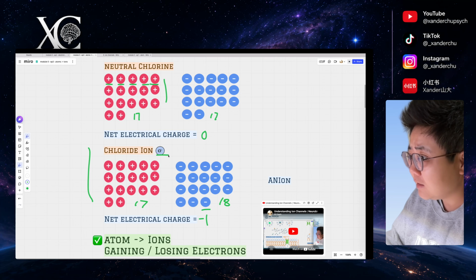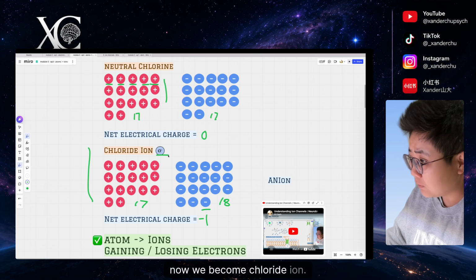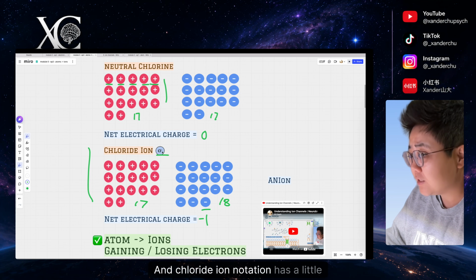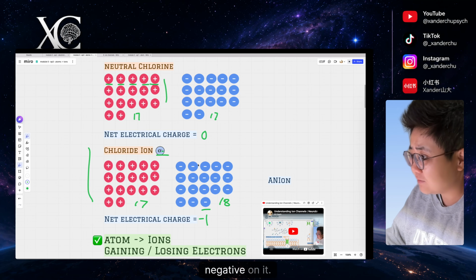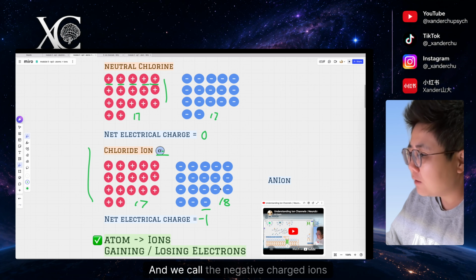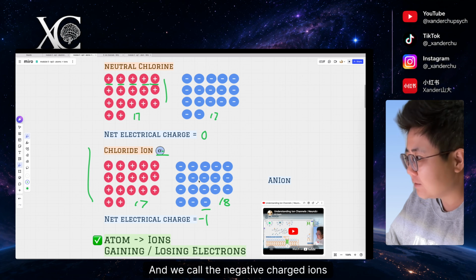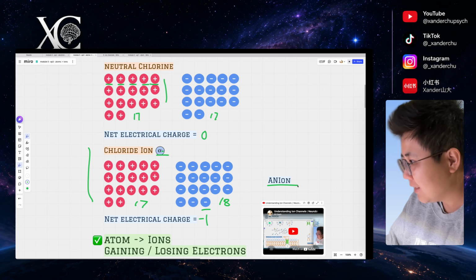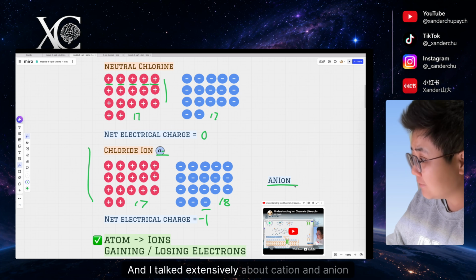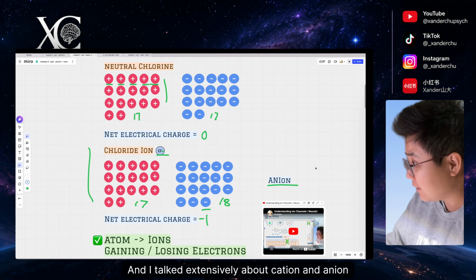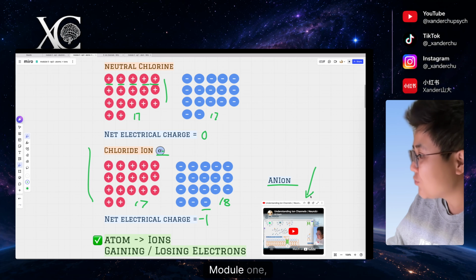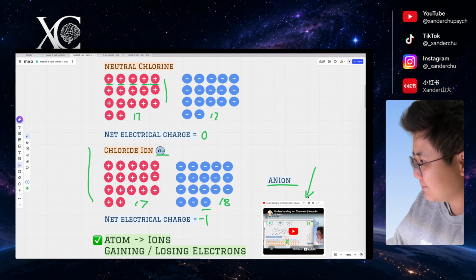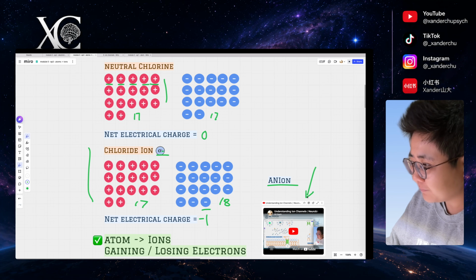So you can see now we become a chloride ion, and the chloride ion notation has a little negative on it. And we call the negatively charged ions anions. And I talked extensively about cation and anion in Module 1, Episode 8. So if you want to have a look, please dive in there.